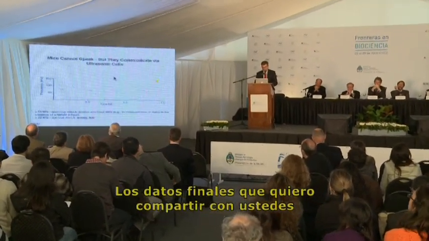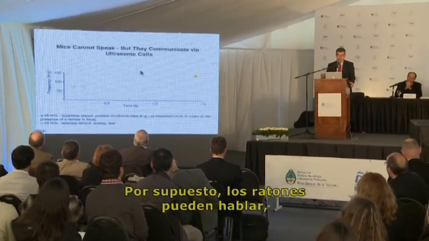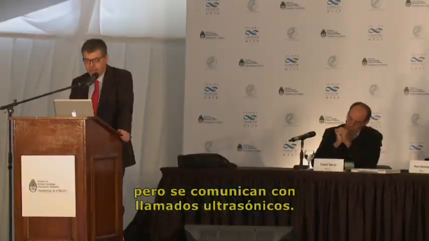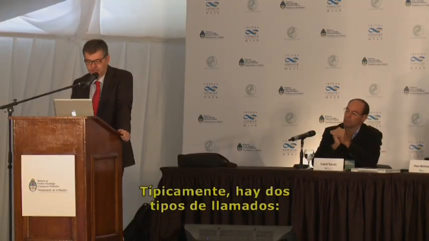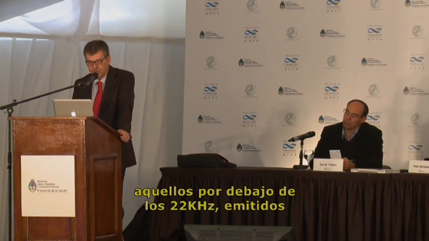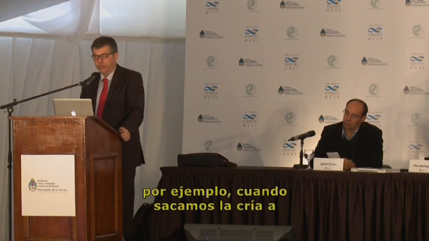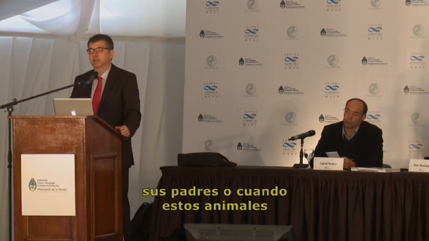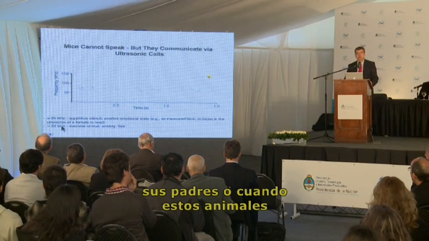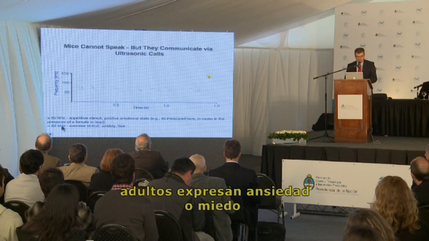And the final data set that I would like to share with you concerns language in mice. Of course, mice can't speak, but mice communicate with ultrasonic calls. There are typically two types of calls. Calls in the lower 22 kilohertz range are emitted upon aversive stimulation, for example, when pups are removed from their parents or when adult animals express anxiety or fear.